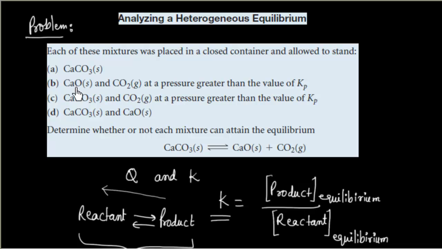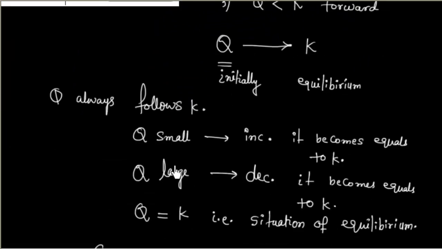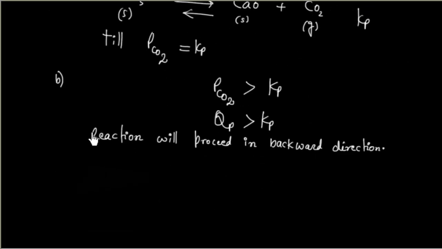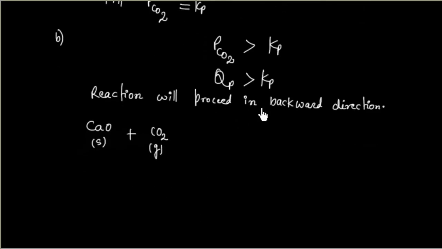The question says initially we have CaO solid and CO2 gas. Now the reaction will proceed in the backward direction, that is, CaO solid plus CO2 gas will form CaCO3.